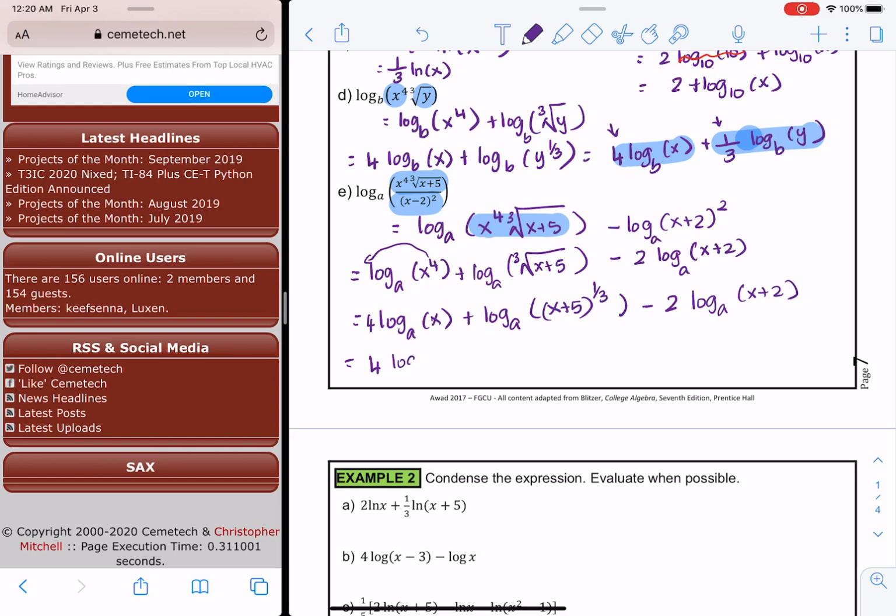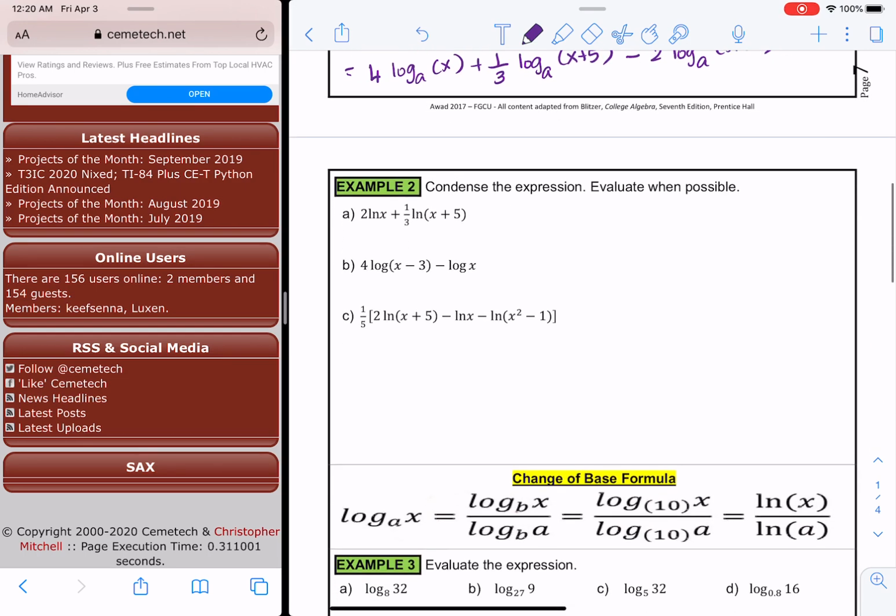So 4 log base a of x. The 1 over 3 is going to move to the front. We have 1 over 3 log base a of x plus 5 minus 2 log base a of x plus 2.